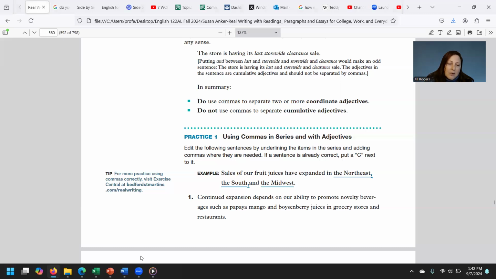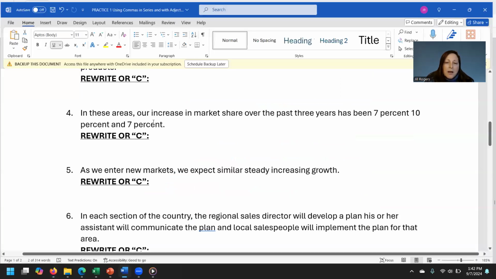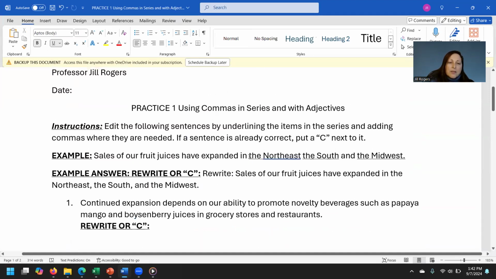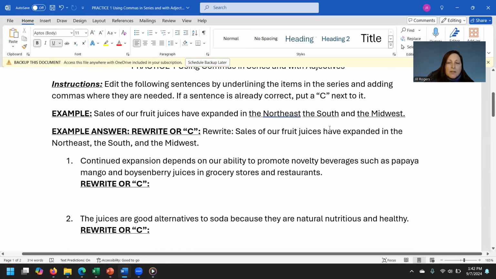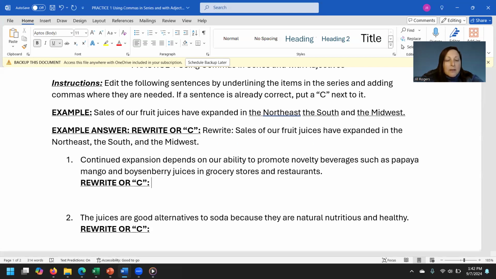Because there are three things. Now, if we go to commas in a series with adjectives, I have made this for you so it's easy for you to write. Same thing. I did the example here, but please rewrite. This is the example answer where it says rewrite or C. Please, if it's correct, just put a C. That's all.